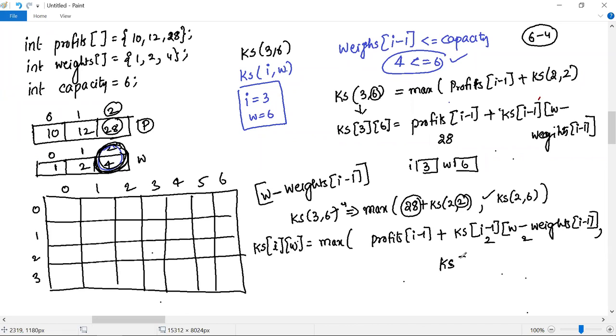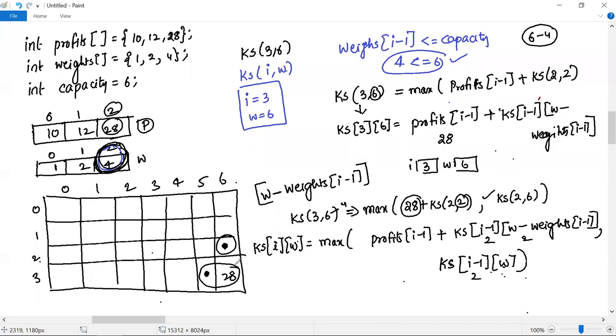Knapsack of I minus 1, I need to reduce this, and the weights remaining same. In these two, whichever the value is maximum, we need to take, right? I minus 1 means 2, 6. Here you have some value, and here you have some value, and some value you got here as 28. 28 plus this value is bigger, this value is bigger.